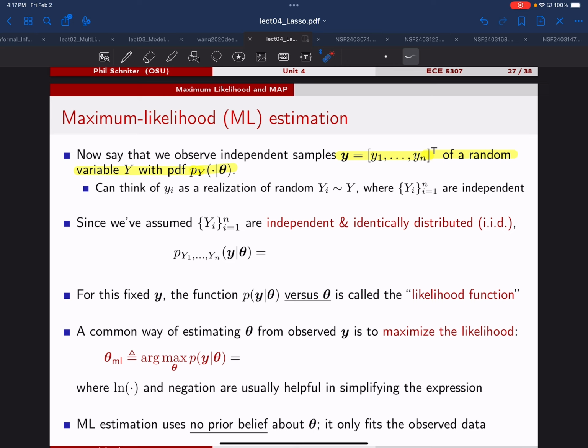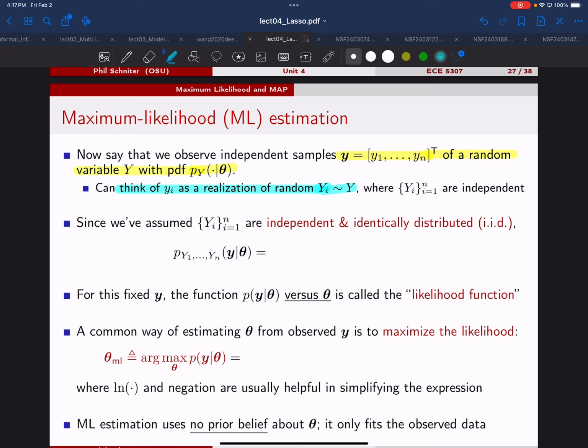Okay. So this is really the way we're going to start thinking about all our machine learning problems, and I'll show you in a moment how this relates to linear regression. So in doing this, this is sort of a key point. We're thinking about these little yi's, the training data we have, as realizations of some random variables, capital Yi, that are all distributed the same. They're all distributed just like some generating variable capital Y without the subscript.